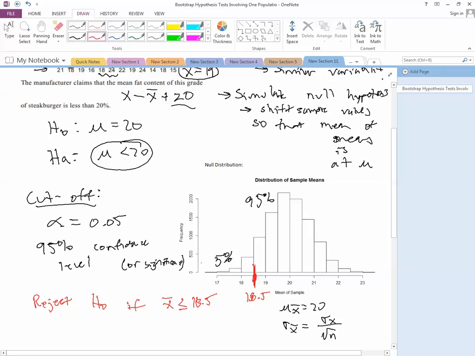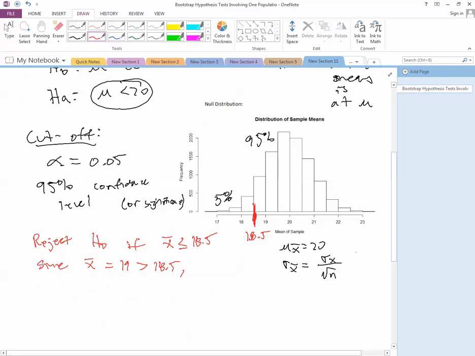However, since x bar is equal to 19, which is greater than 18.5, we basically have no reason to suspect the mean has really changed. 19 is not significantly small for us to be convinced that the whole population will have a mean smaller than 20. Since x bar is 19, which is greater than 18.5, we fail to reject H naught.